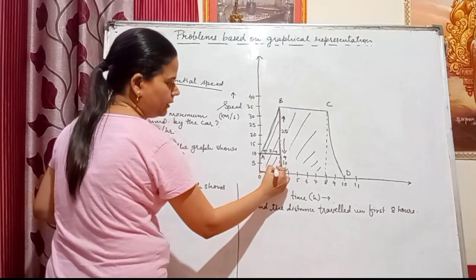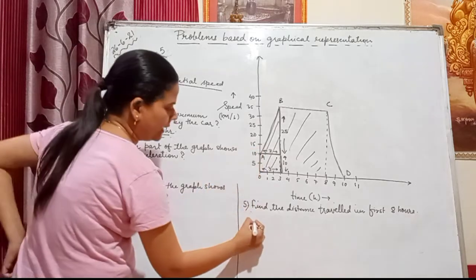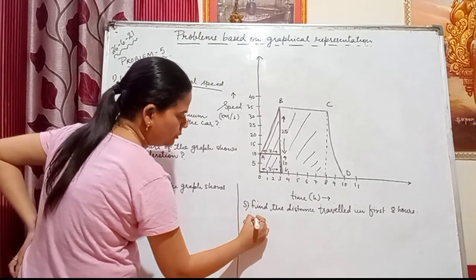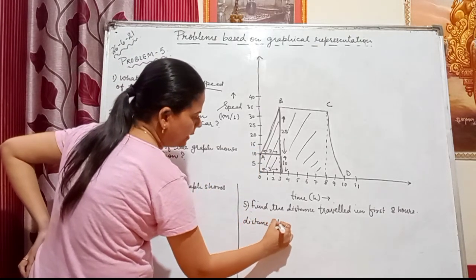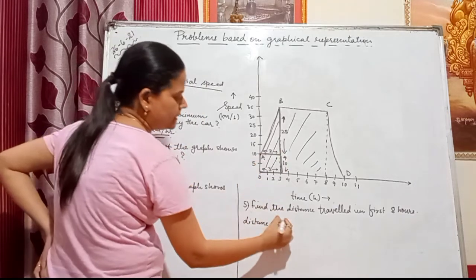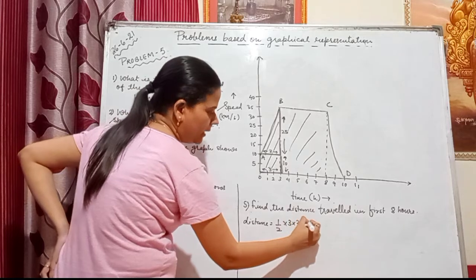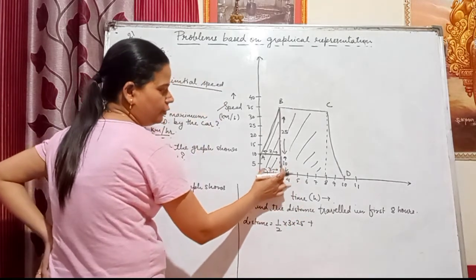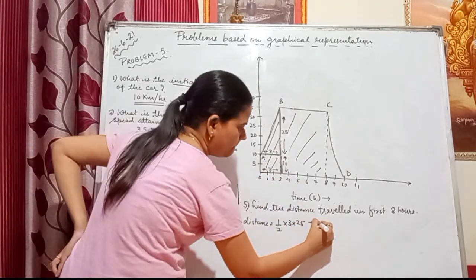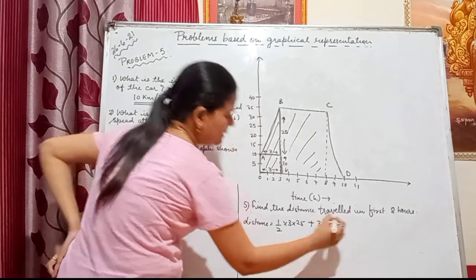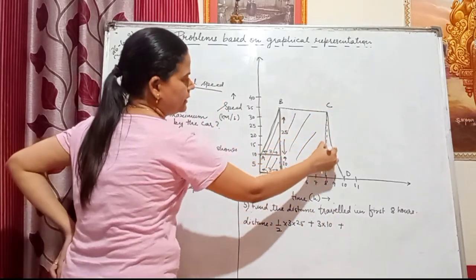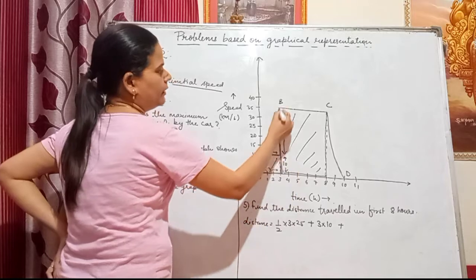So the distance is equal to the area of the triangle, 1/2 into base into height, plus 3 into 10, plus the area of this rectangle.